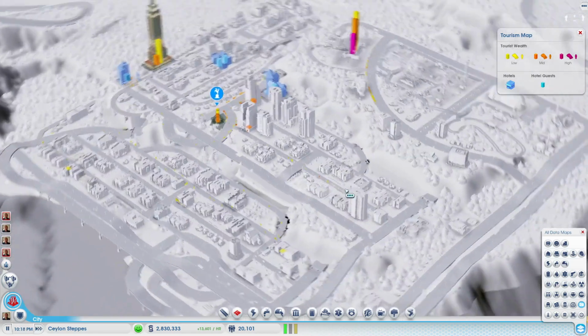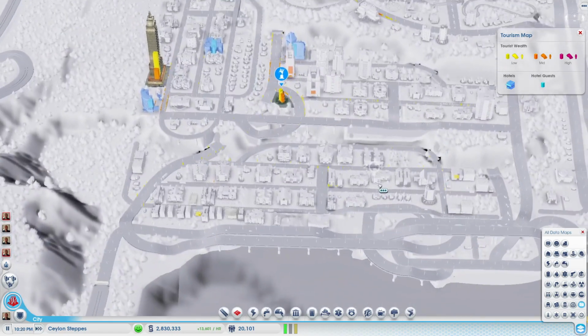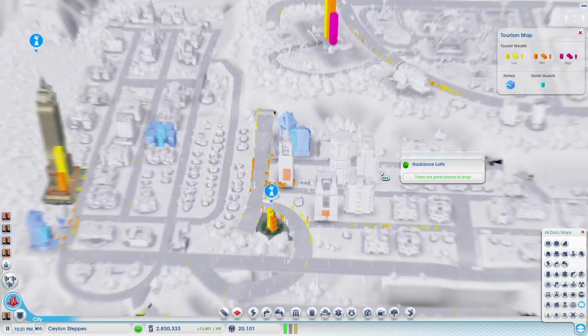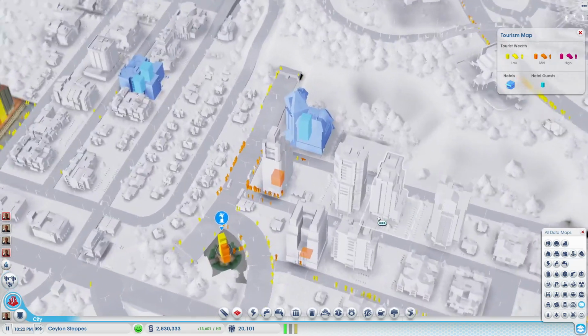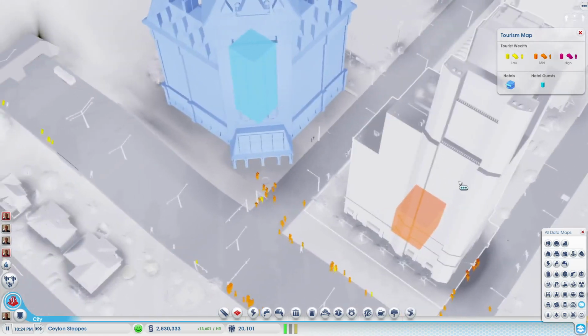We could go with another landmark. Just one more thing to add on from making a profit. Everybody's going to this hotel.